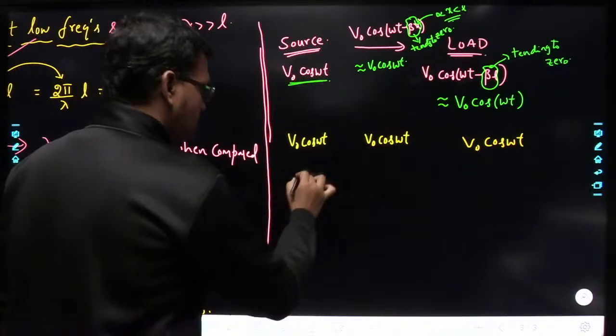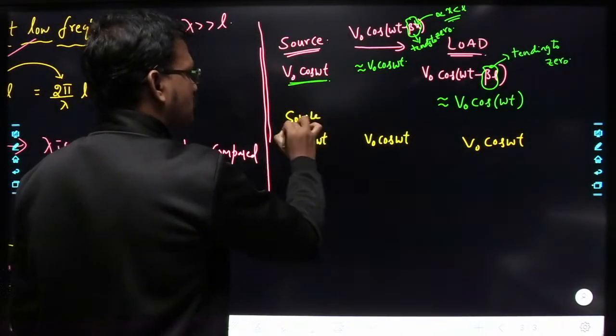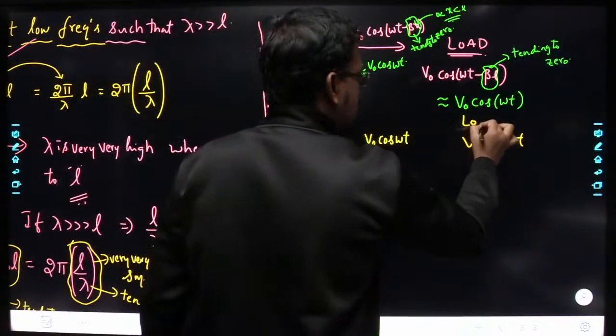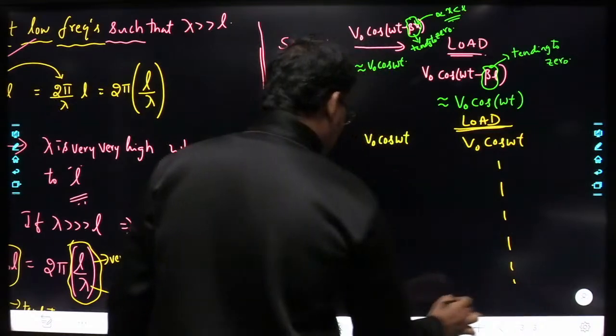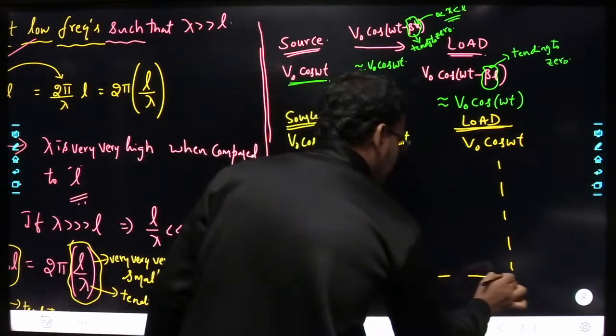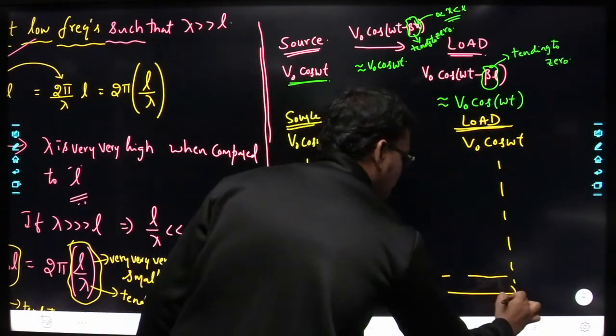Understood? This is the source, and this is the load. If you draw the waveform from source to load, the distance from here to here is L.